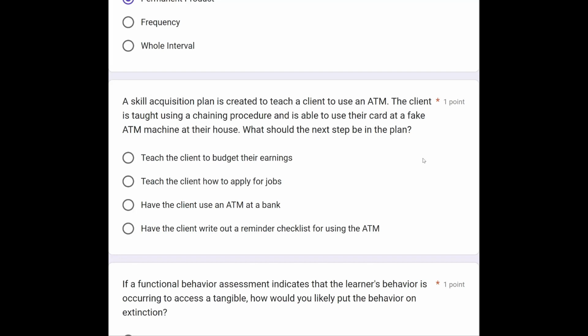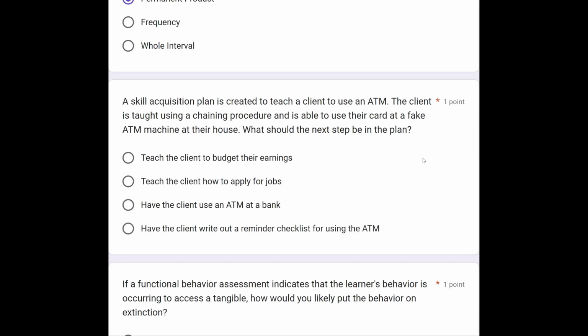When we create them, we pick goals and we pick skills we want to create and teach, and then we're going to try to come up with an idea of what that skill is going to look like after it's all said and done. And a crucial part of that plan is always generalization. Generalization occurs when a skill happens outside of the teaching environment.